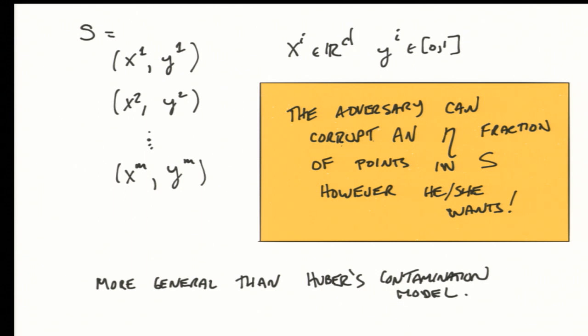So there has been some work previously on efficient algorithms for regression where only the responses yi's are corrupted. In this paper, we're going to consider the harder case where both the x's and the y's can be corrupted. And if you're familiar with the Huber contamination model, this is a more difficult setting.